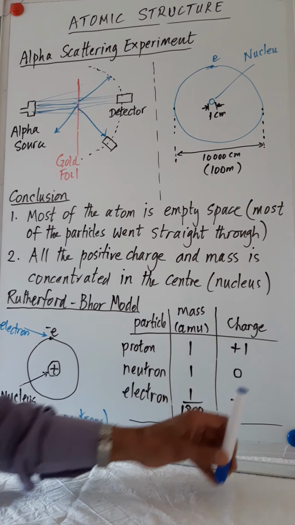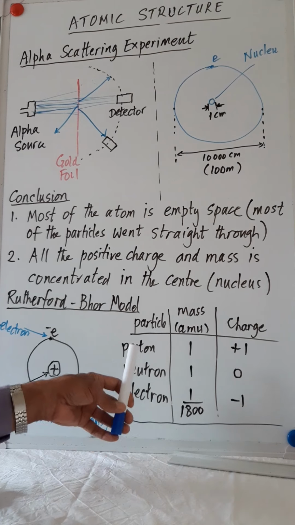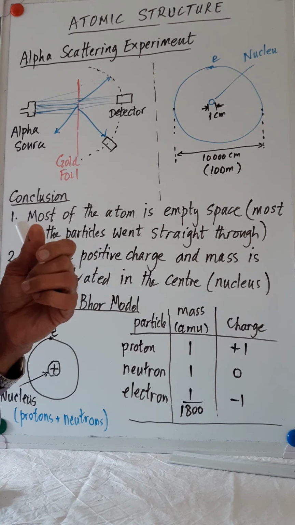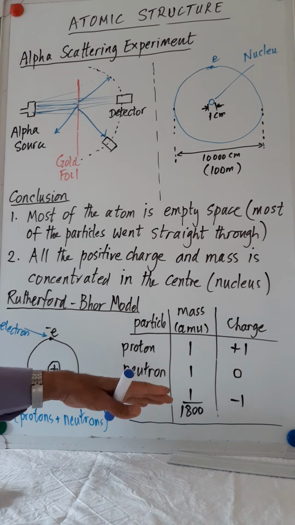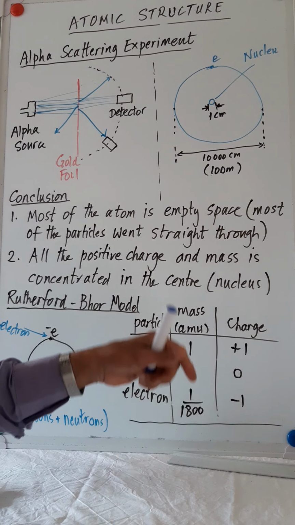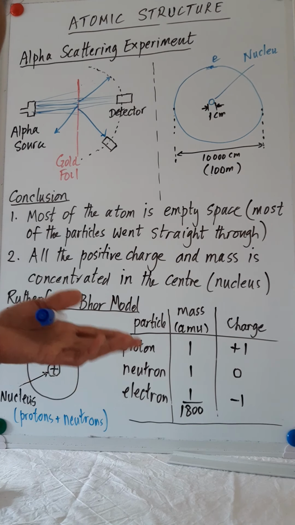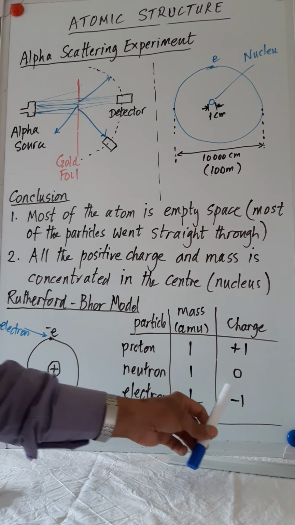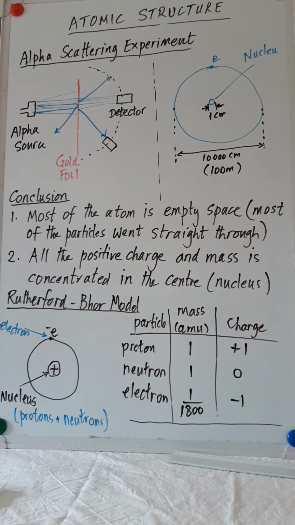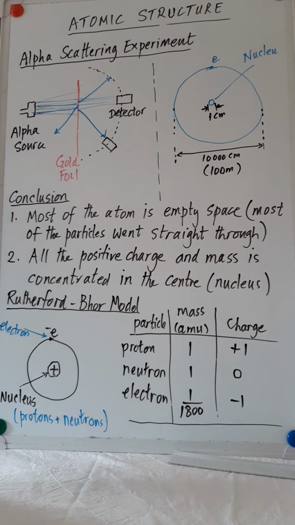Its charge is 0. And electron is very, very light. It has a mass of about 1 over 1800, or nearly 2000 times smaller than the proton or neutron, and its charge is -1.